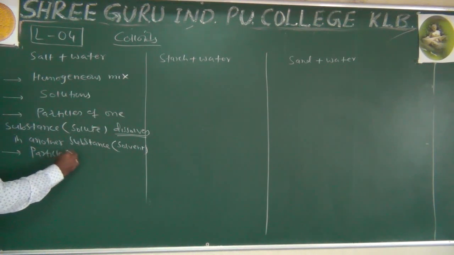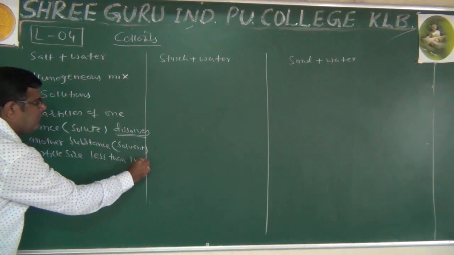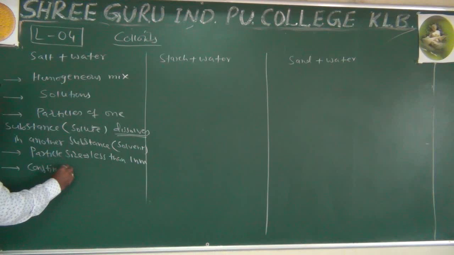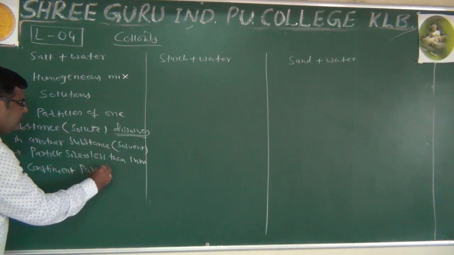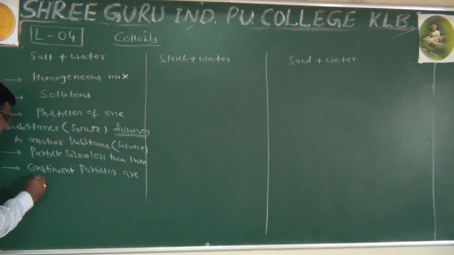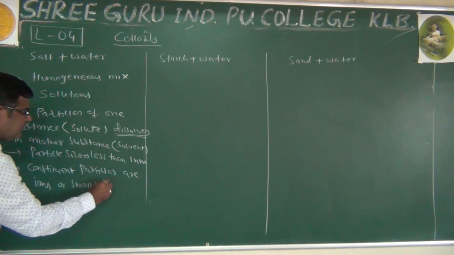Particle size is very small, less than 1 nanometer. Nanometer means 10 raised to minus 9 meter. And the constituent particles are either ions, just like if it is common salt, we say Na plus and Cl minus ions, or small molecules.